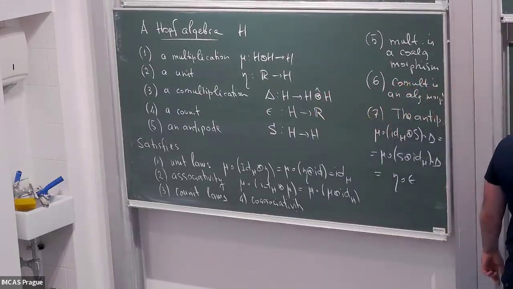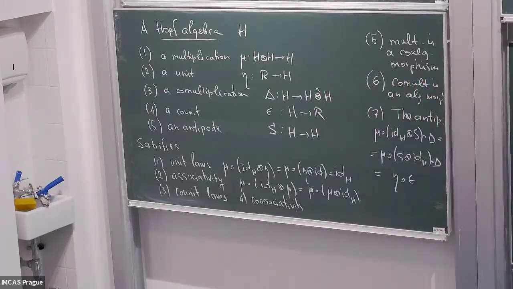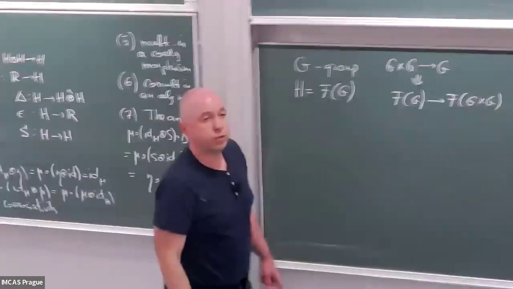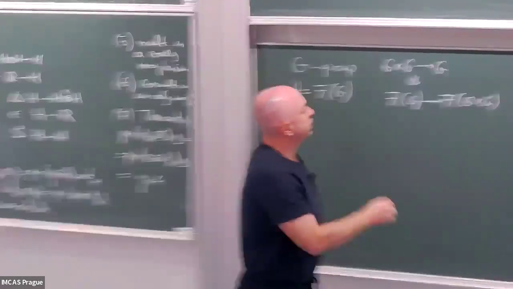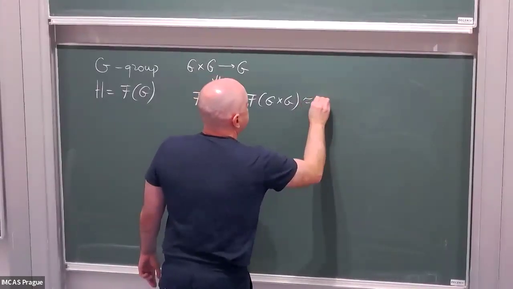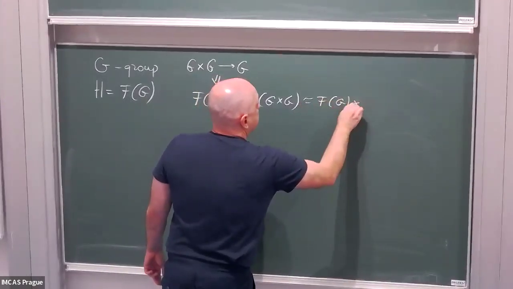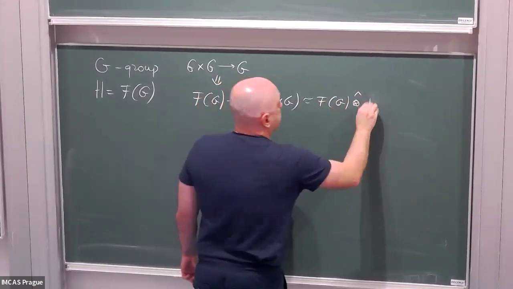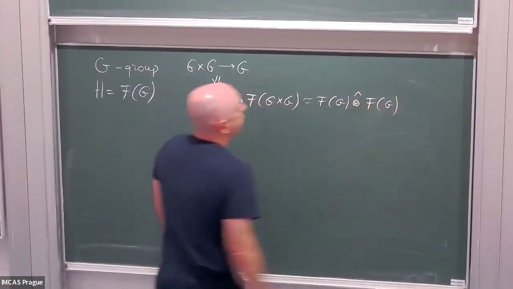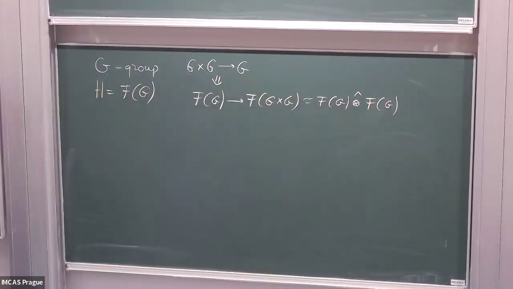So it gives us a map from F(G) to F(G cross G), which is the same as F(G) tensor product, the complete tensor product, F(G) and F(G).